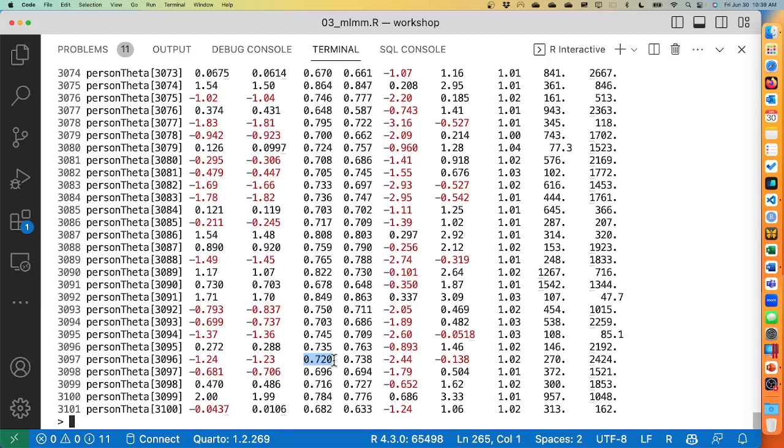So what happens is we will have this be lower or higher depending on which point of theta is present. So here for a negative 1.24, about 0.72. As we get lower, it actually gets more variability, because here's a negative 1.37 as a mean, and that standard deviation is 0.745. And if we go the opposite direction, if we're close to 0, we're about 0.682. And then like a 2, which is positive 2, 0.784 again.